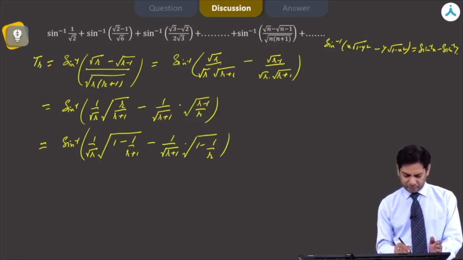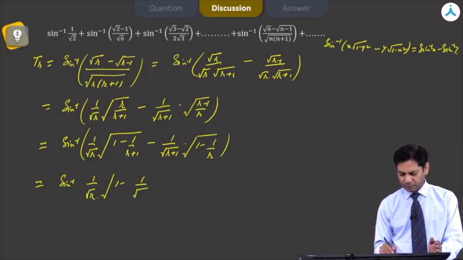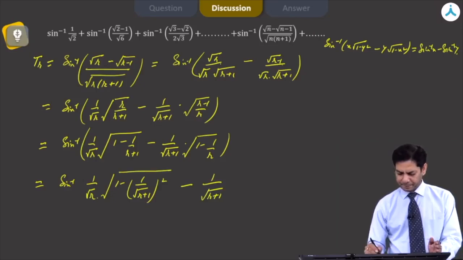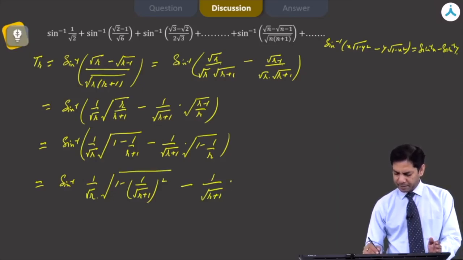And if we further write it properly, then you can see that it is sine inverse of (1 by root r multiplied by root of 1 minus (1 upon root of r plus 1) whole squared, minus 1 upon root of r plus 1 multiplied by root of 1 minus (1 by root of r) whole squared).